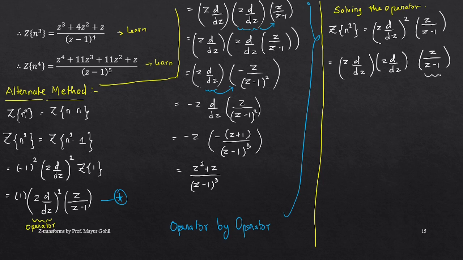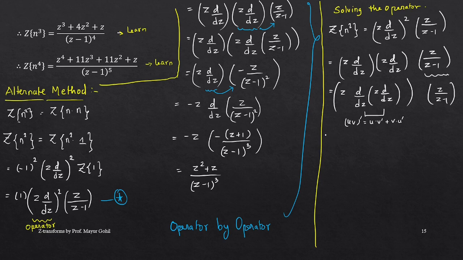We don't touch this portion at all for some time, but now here we see this part. This means z d by dz operates over z d by dz. Over here the UV rule, the product rule, will be applied. UV derivative is UV dash plus VU dash. That is the rule that has to be applied.